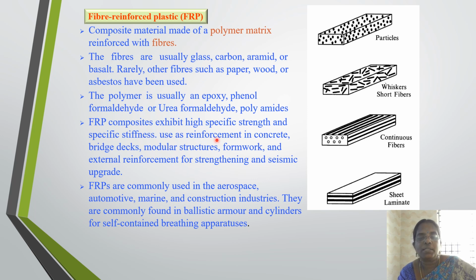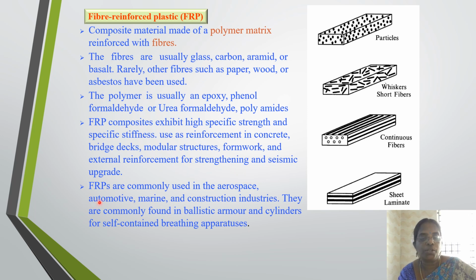It is used as a reinforcing phase in concrete, bridge decks, modular structures, farm works, etc. External reinforcement for strengthening and seismic upgrade. Seismic is earthquake, right? FRP are commonly used in many applications like aerospace, where we want less weight but good strength.